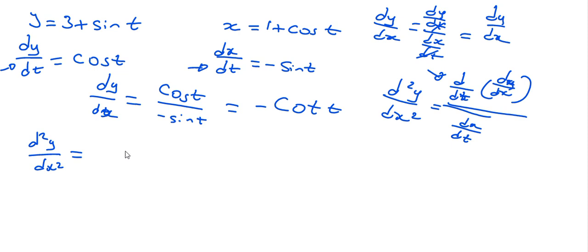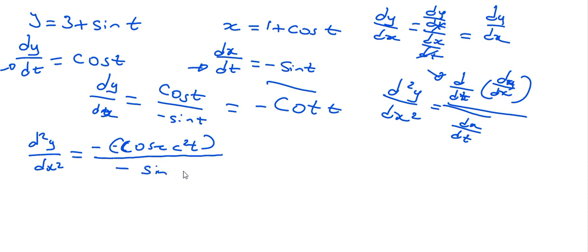We're going to have negative, remember this negative is coming from here, and the derivative of this is going to be negative cosec squared t all over, remember we want to put dx over dt at the bottom, which is also negative sine t.